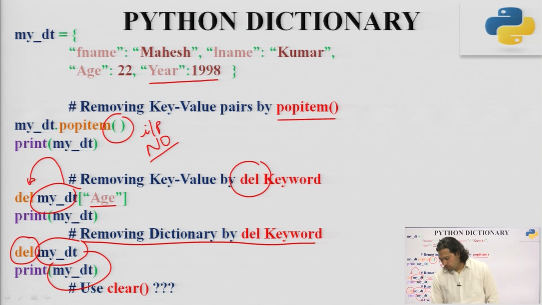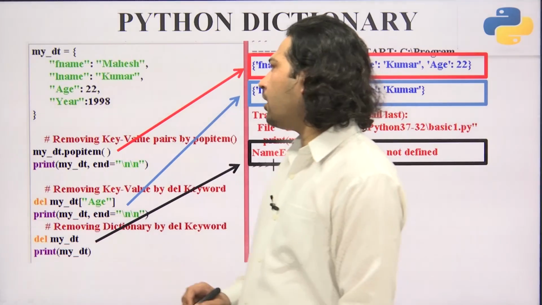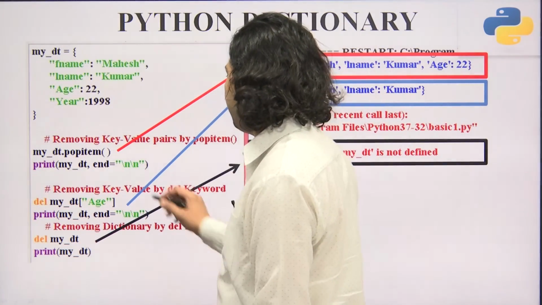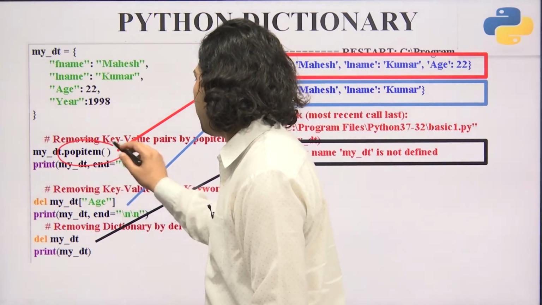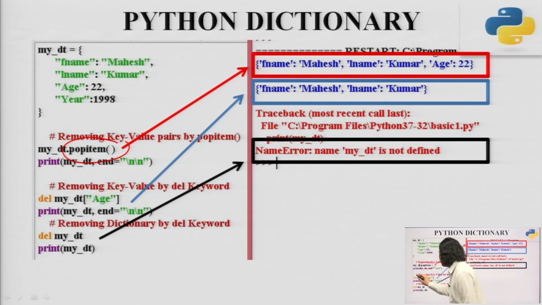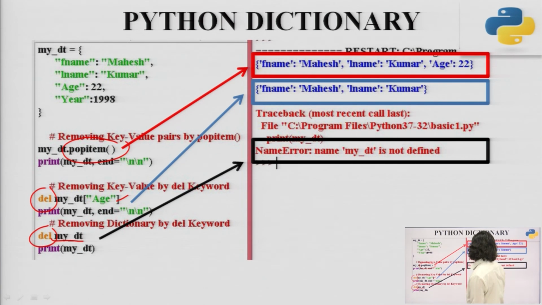Let us check out the output of this program. In the output of the program you can see the very first thing is, we have used this popitem followed by the del keyword with the key element, and the last is we have used the del keyword on the variable. With the first one you can see in the output that the year pair is missing.